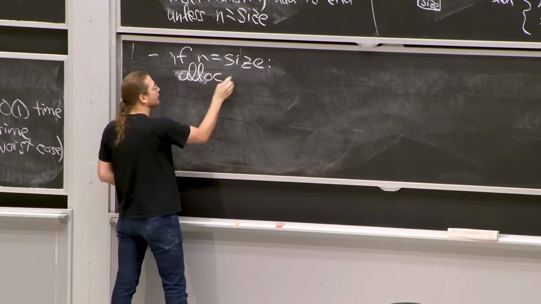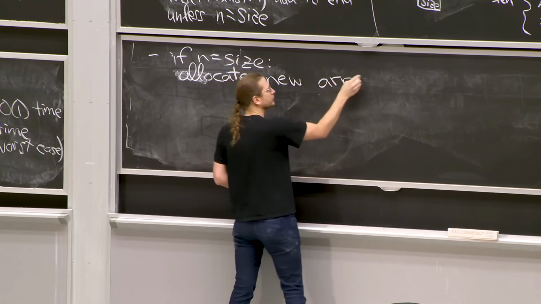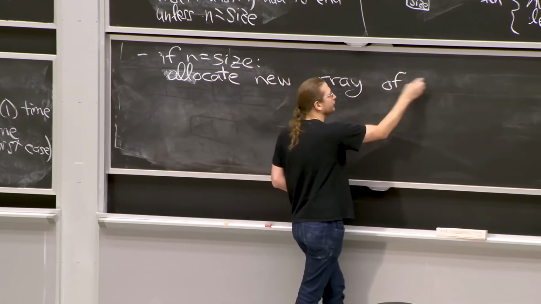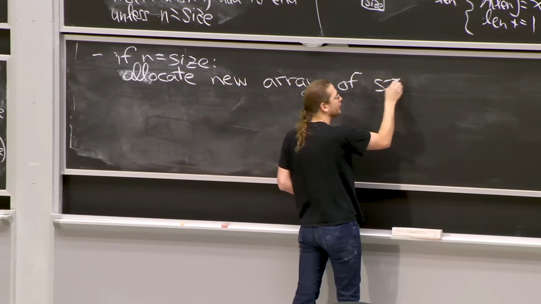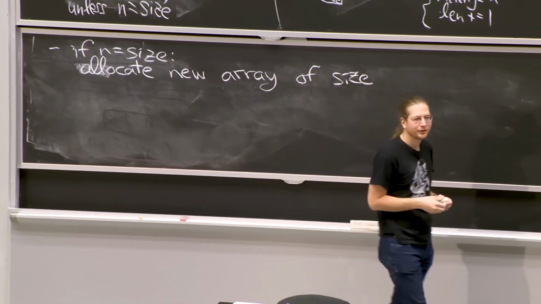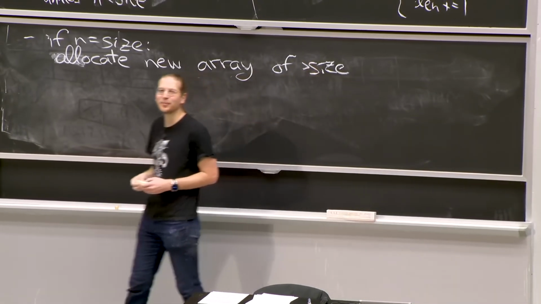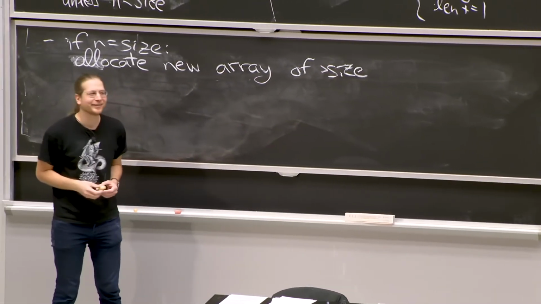But if n equals size, we're going to allocate a new array of size... Any suggestions? Bigger. I like it. Greater than size. How much bigger? Twice.